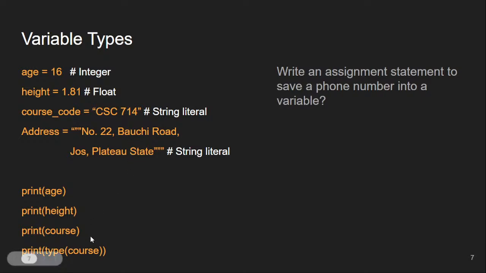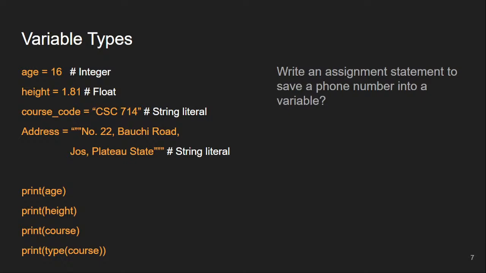Alright. Then in Python, you can also get the type of the variable using the type inbuilt function, as you see on the final line. So you can print type of course_code, and you should get string.